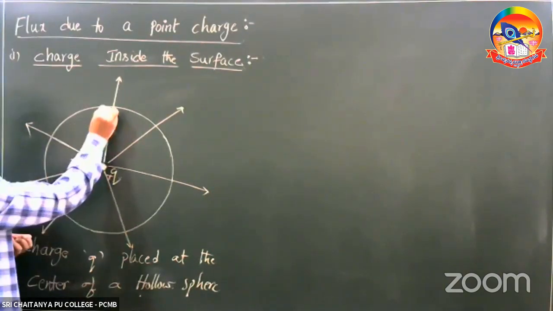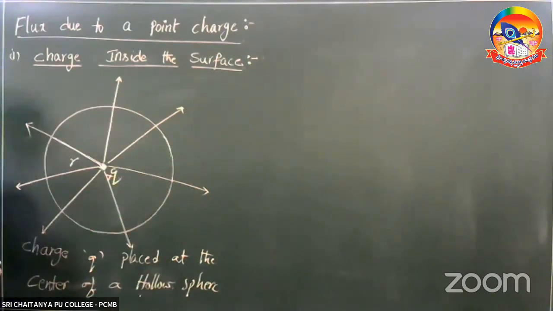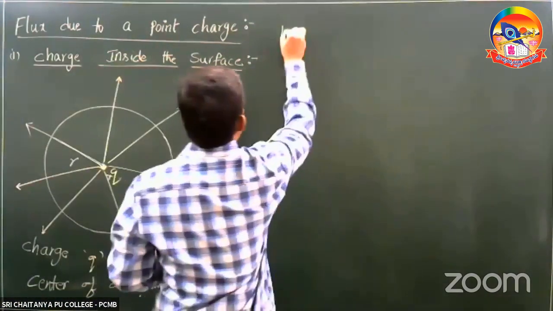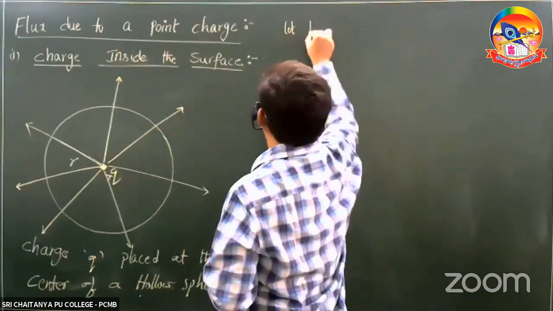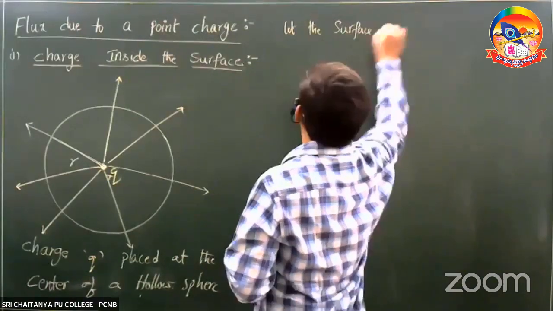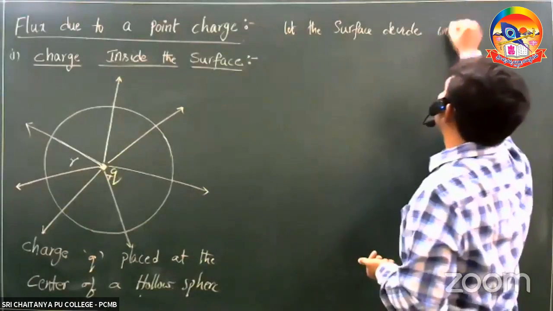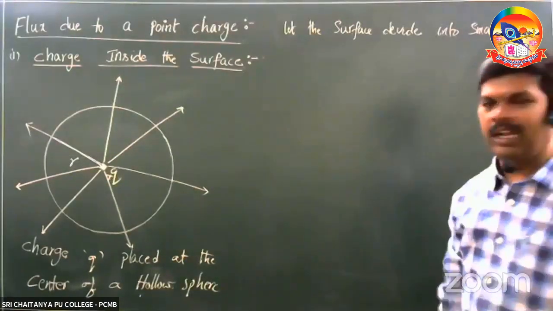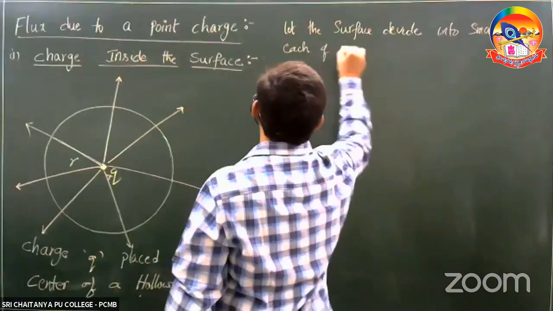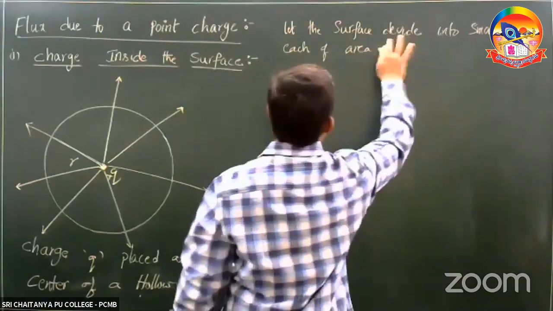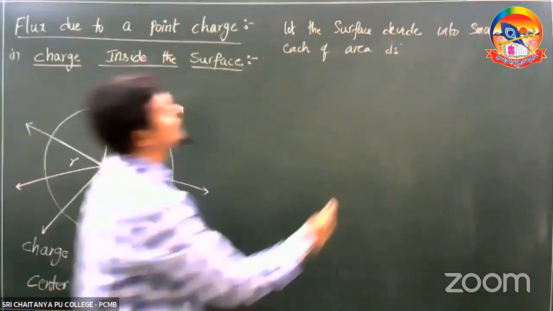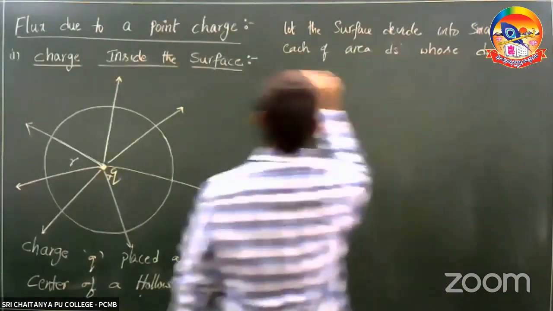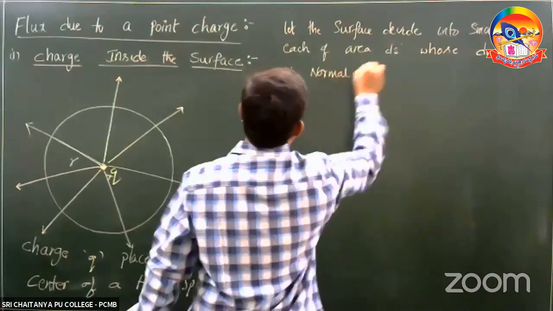Assume that the surface is divided into small elements, each of area ds, whose direction is normal to the surface.